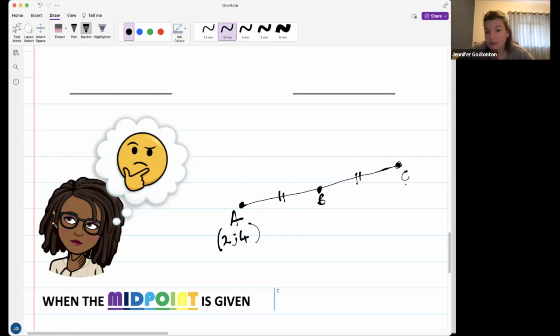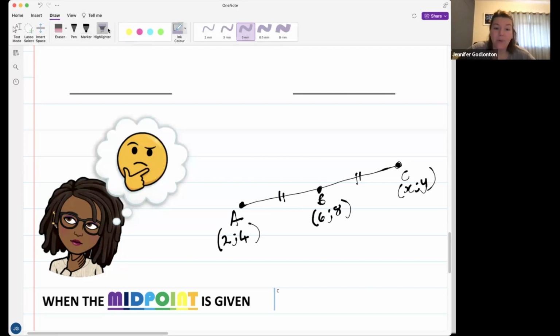And our coordinates for B are, let's make it, 6 and 8. And our coordinates for C are x and y.